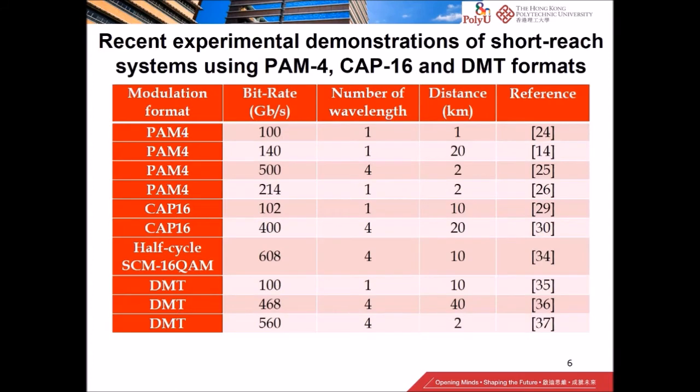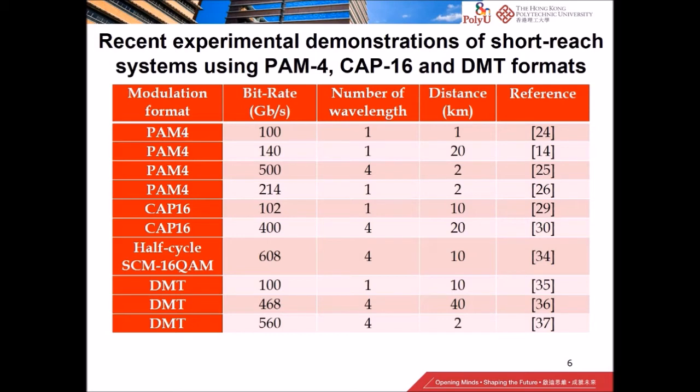So I guess one of the more important points here is to compare which type of modulation format is particularly suited for our short reach optical systems. Here is a table of recent demonstrations using these three formats.